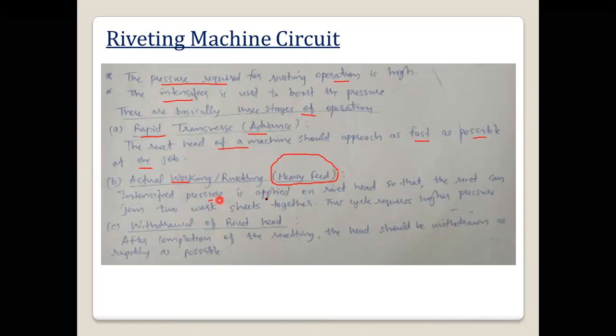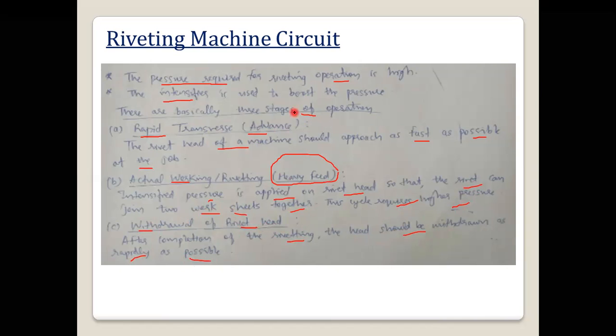Here intensifier pressure is applied on the rivet head so that a rivet can join two worksheets together. This cycle requires higher pressure. The third operation is the withdrawal of the rivet head. After completion of the riveting, the head should be withdrawn as rapidly as possible.